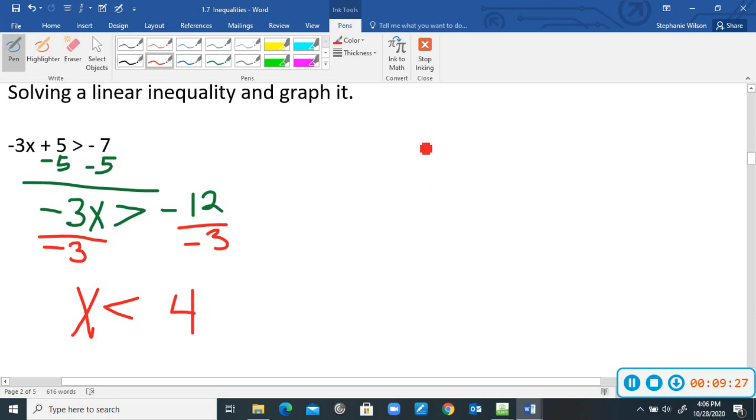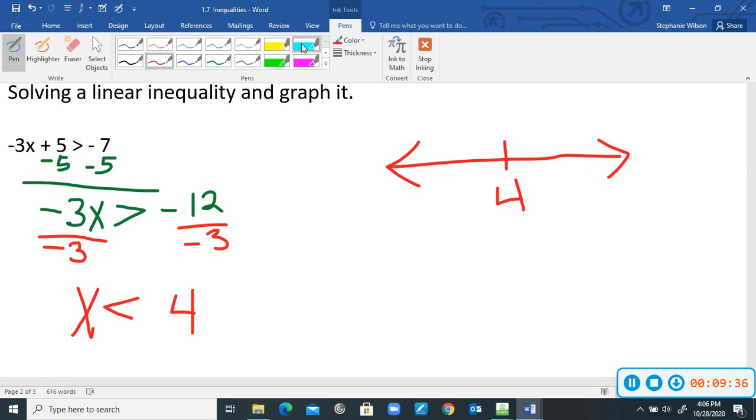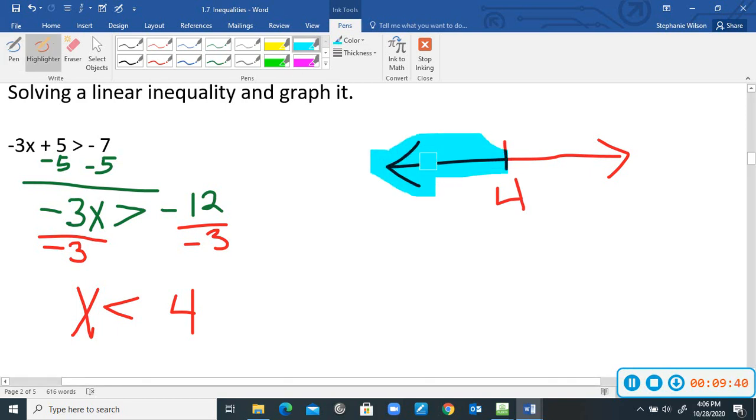So when I go to graph this on the number line so I can write my answer in interval notation, it says x is less than positive 4, so we know it's all points on the left-hand side. So now I can write it out in interval notation. It's going to be negative infinity, comma, positive 4, and bracket.